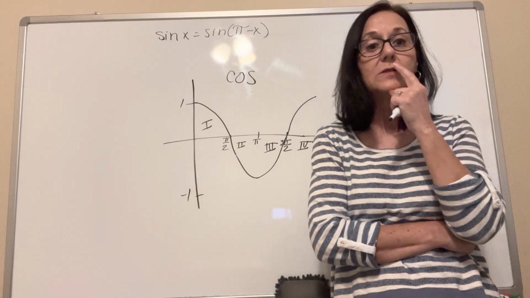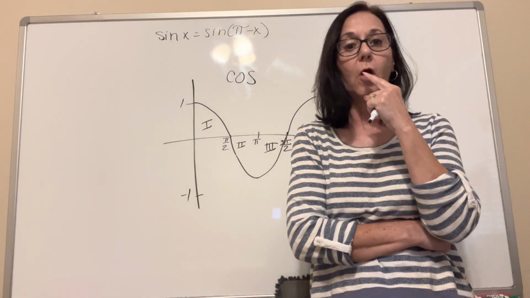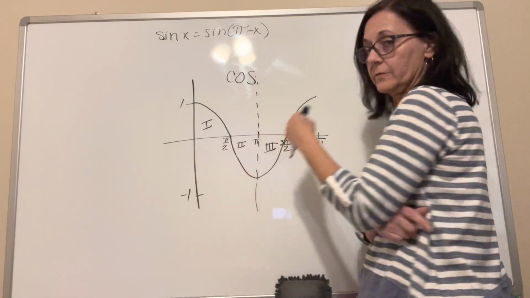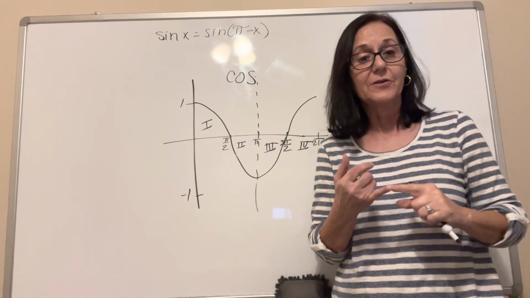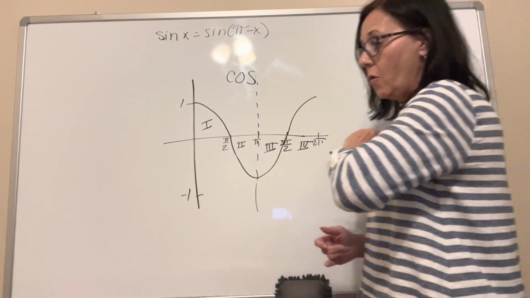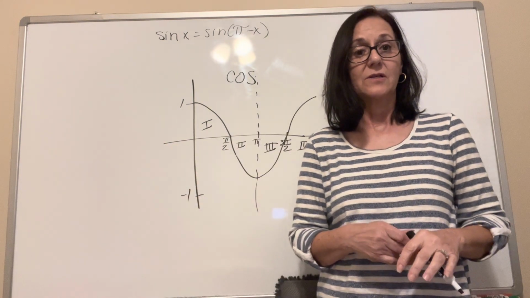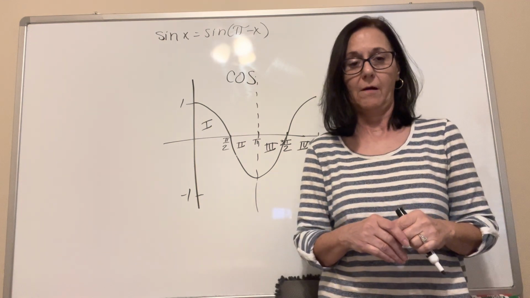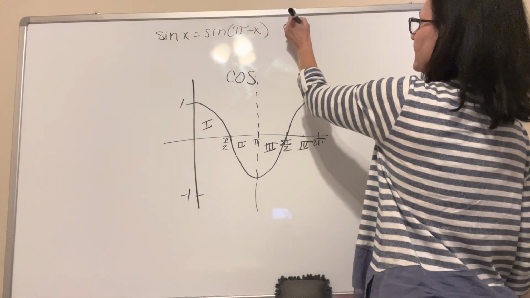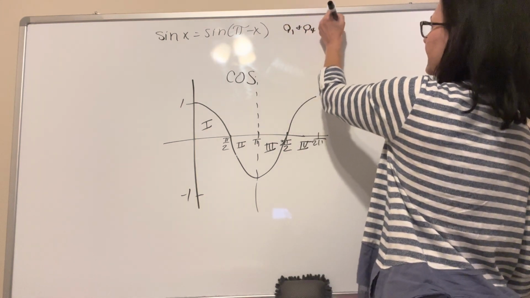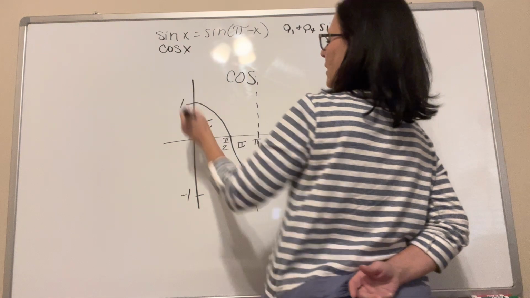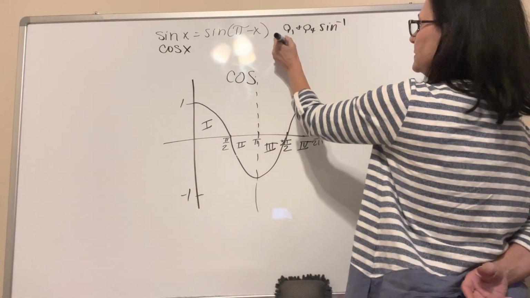For the cosine, we're only going to limit it to quadrant 1 and quadrant 2 because its inverse is a function. Because remember, the horizontal line test is what tells us whether or not the inverse is a function. So for sine, we're in quadrant 1 and quadrant 4 when we look at the inverse. For the cosine, we're in quadrant 1 and quadrant 2.